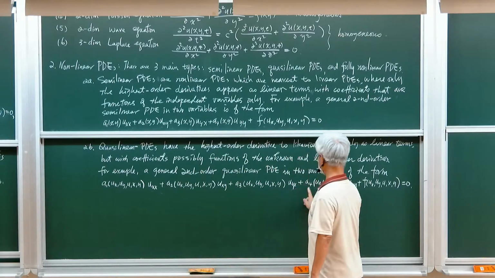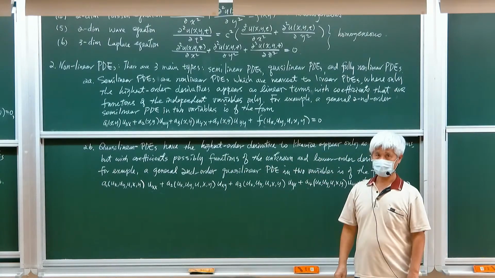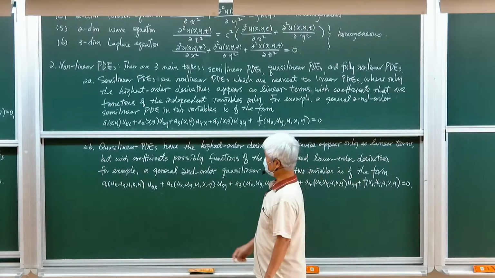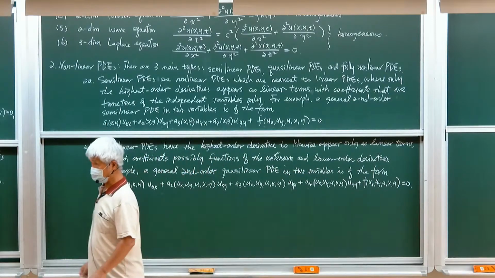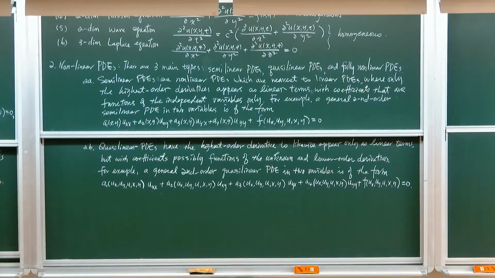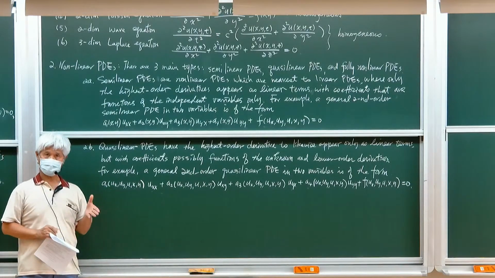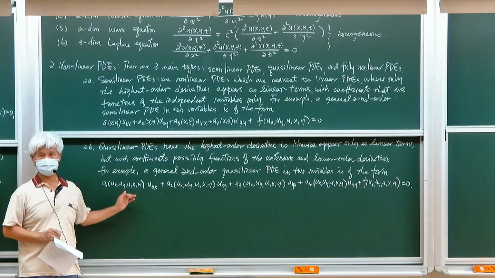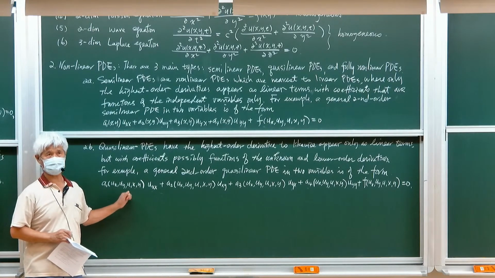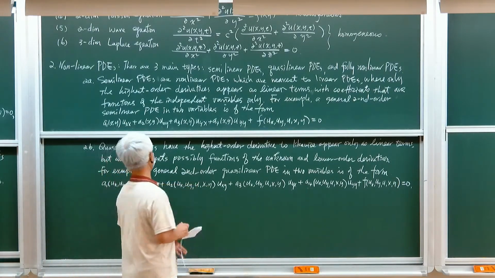But the coefficient may include not just the two independent variables, but also the unknown function u as well as the low order derivatives here. Okay, so this is the situation.